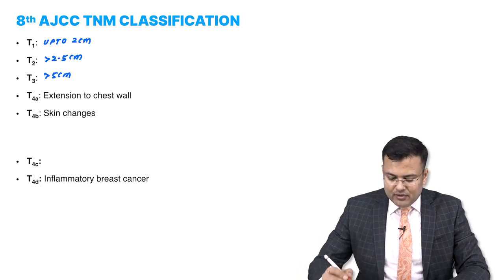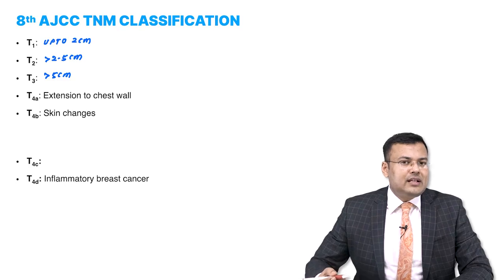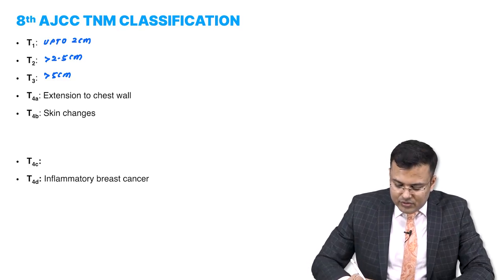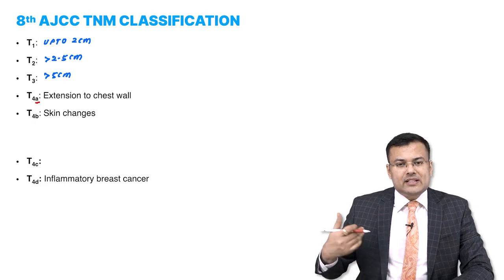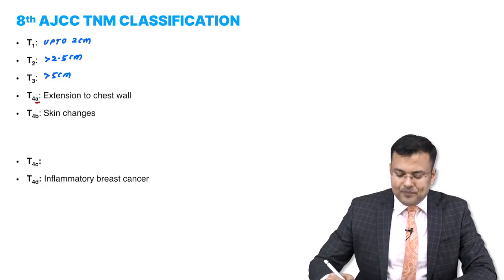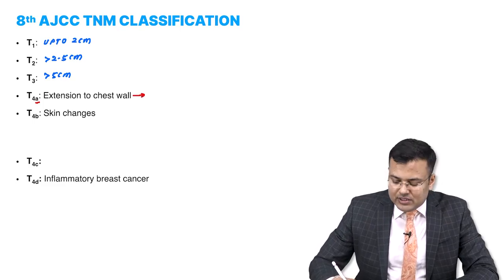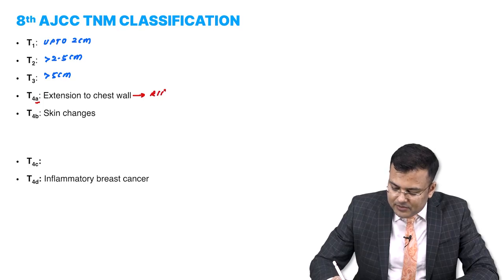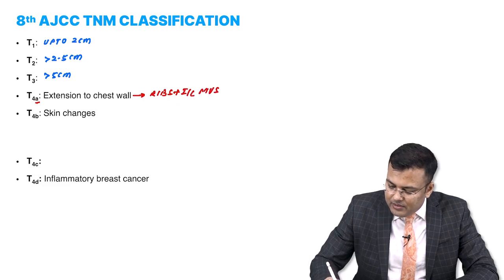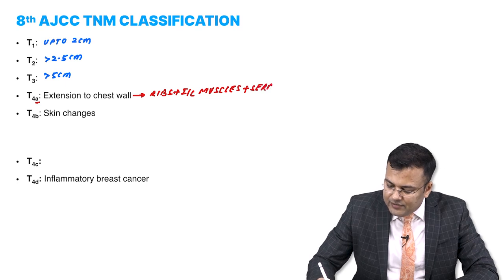After that, T4A. T4A, there is extension to chest wall. A means under, so under the breast means extension to chest wall. What are the components of the chest wall? The chest wall is formed by ribs plus intercostal muscles plus serratus anterior.